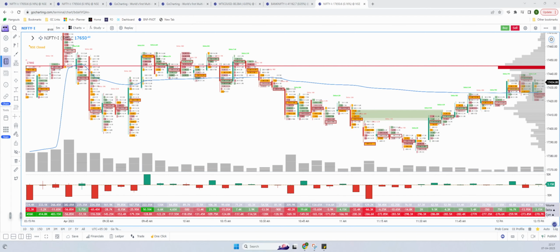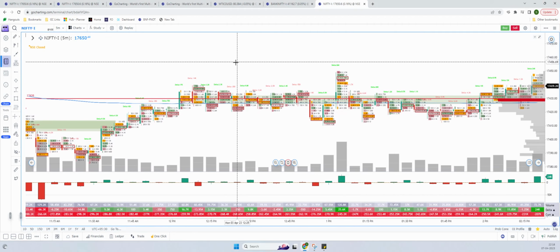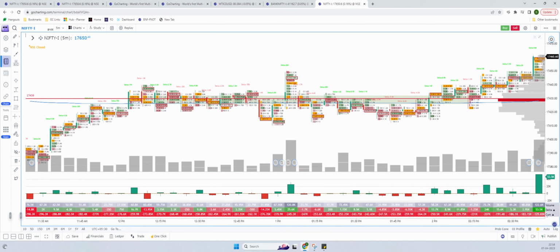Now what happened, if you see, around 11:15 we wrote that buying is now happening at higher levels around VWAP. VWAP is an interesting level, and a lot of institutional traders try to follow it. Around this point we wrote that limit buying is coming at this level.